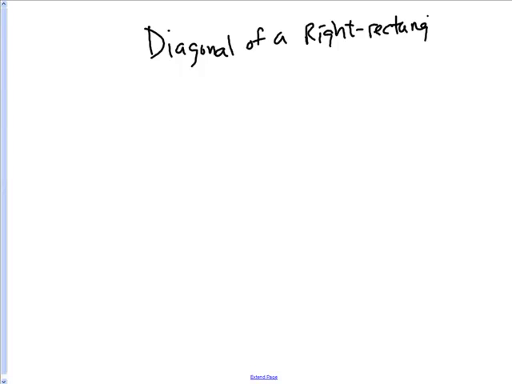Now let's talk about a diagonal. When we talk about a diagonal, we're going to talk about the diagonal of a right rectangular prism.